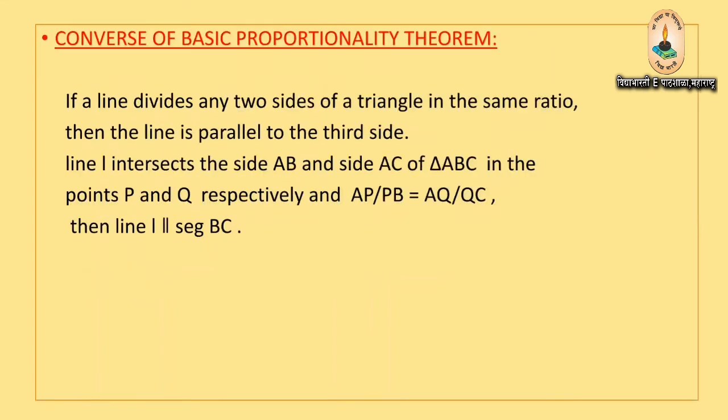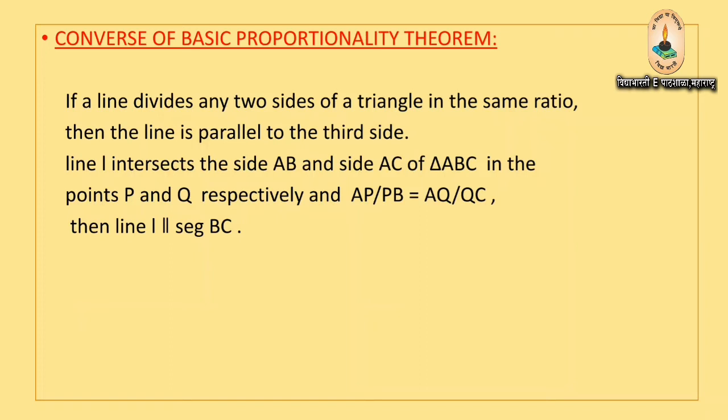Now the converse of basic proportionality theorem. If a line divides any two sides of a triangle in the same ratio, then the line is parallel to the third side. Now this statement is written as line L intersects the side AB and side AC of triangle ABC in the points P and Q respectively, and AP upon PB equal to AQ upon QC.